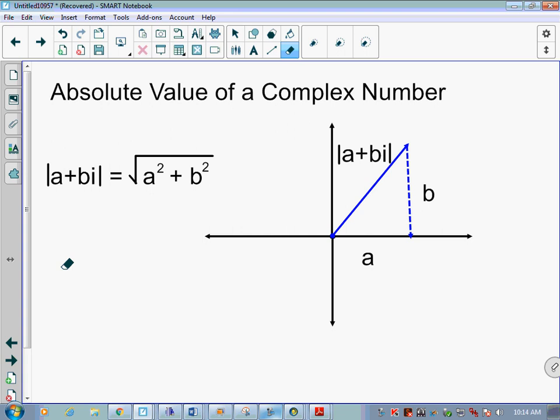Therefore, a represents my x movement, b represents my vertical movement, and the line or vector that I see here represents that absolute value of a + bi. That's what it'll look like when it's graphed. It'll make a right triangle with the x-axis.